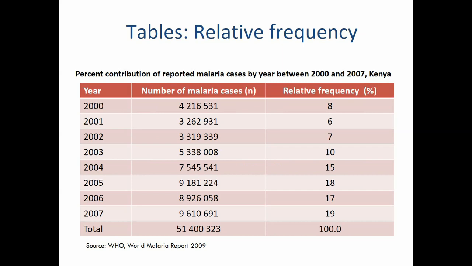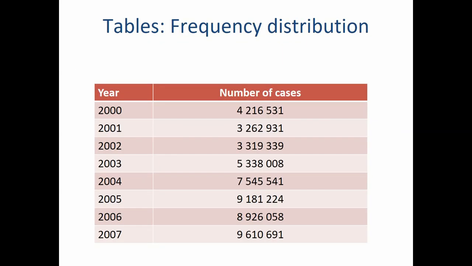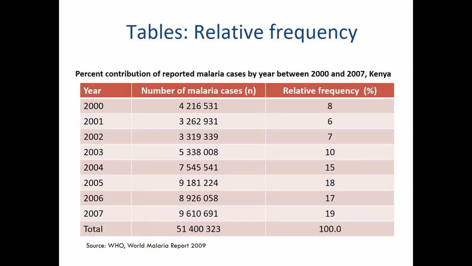Now, in the previous table, it is not clear because there is no percentage and there is no clear when, where, what, and who. But here it represents relative frequency, percent contribution of reported malaria cases by year between 2000 and 2007 in Kenya.